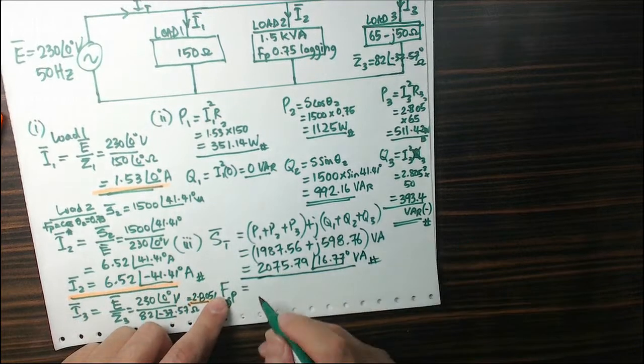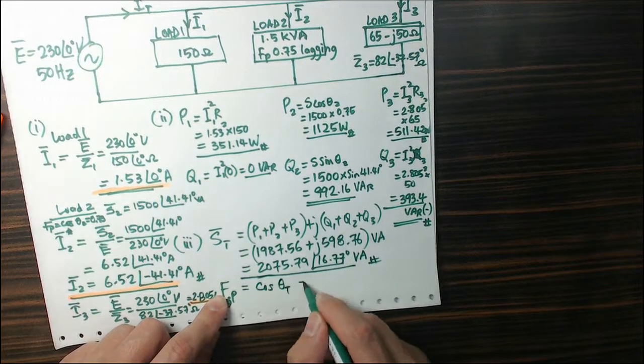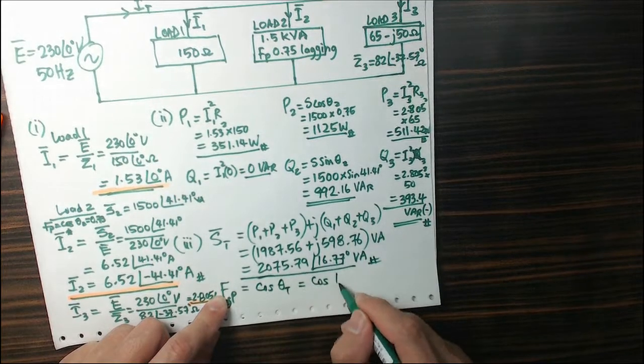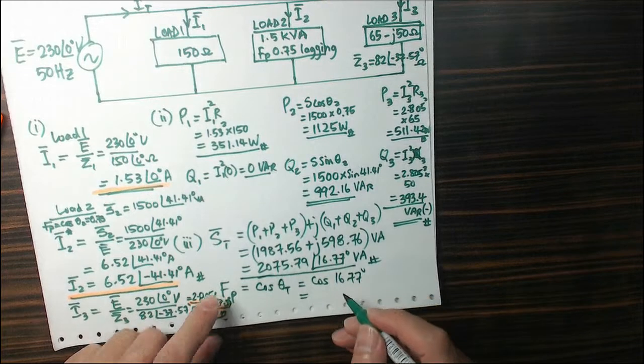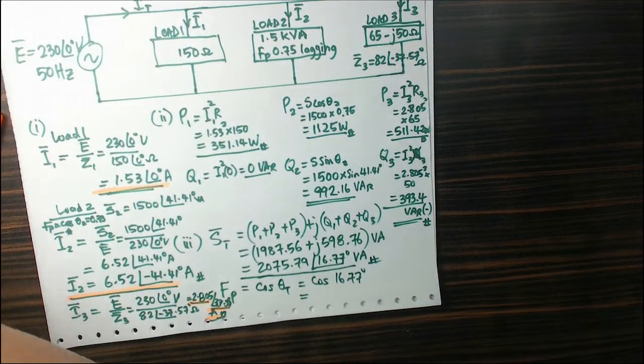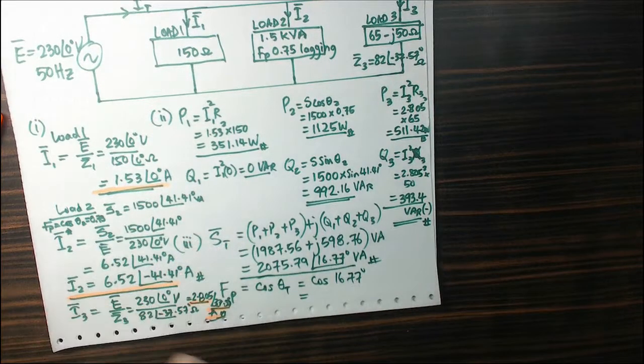Which means that the overall power factor of the total is the cosine of 16.77 degrees.